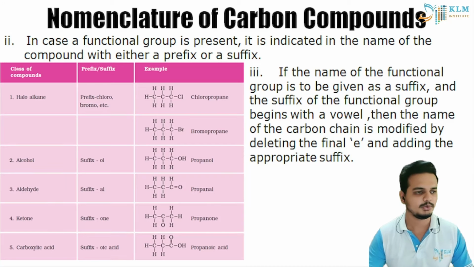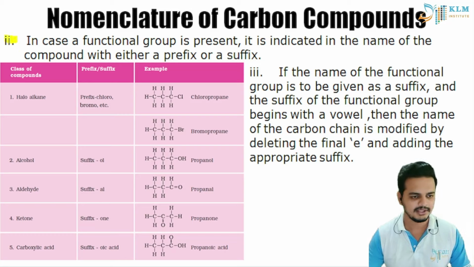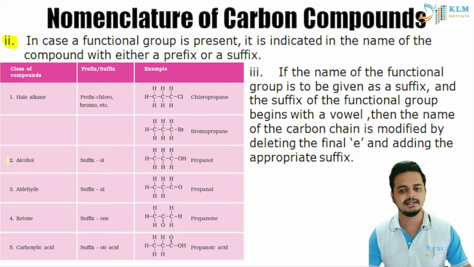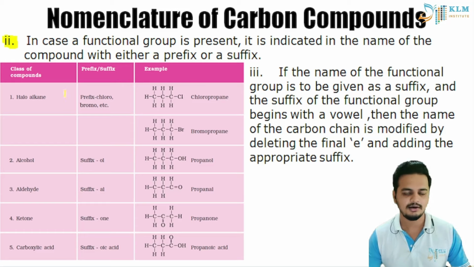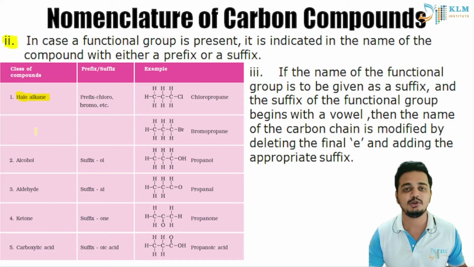So step 2, if you have a functional group, it is indicated in the name of the compound either with a suffix or a prefix. Here a small table is given. If the functional group is haloalkane, what is haloalkane?